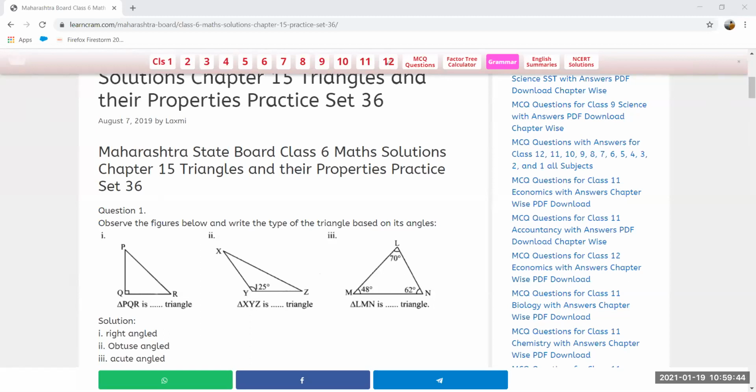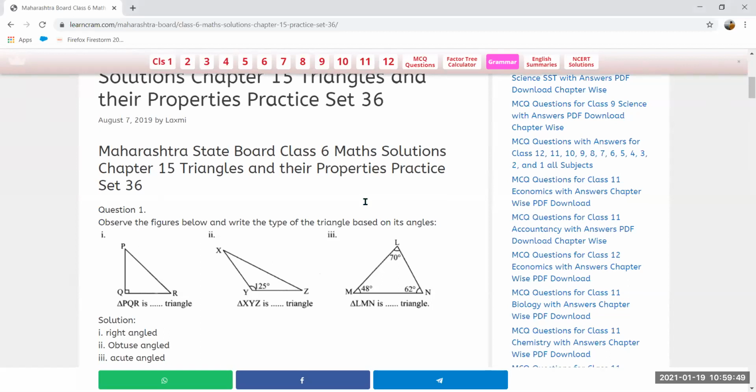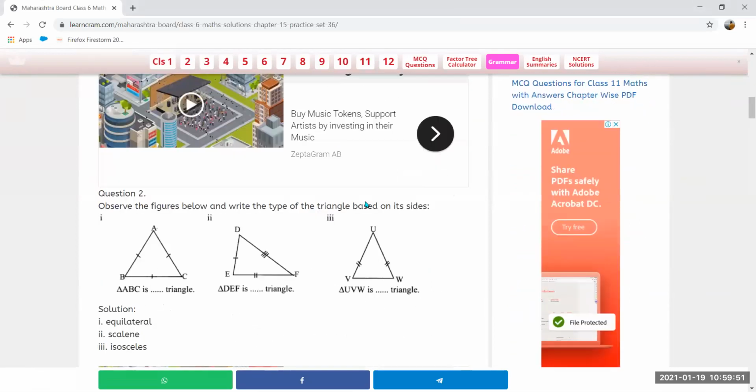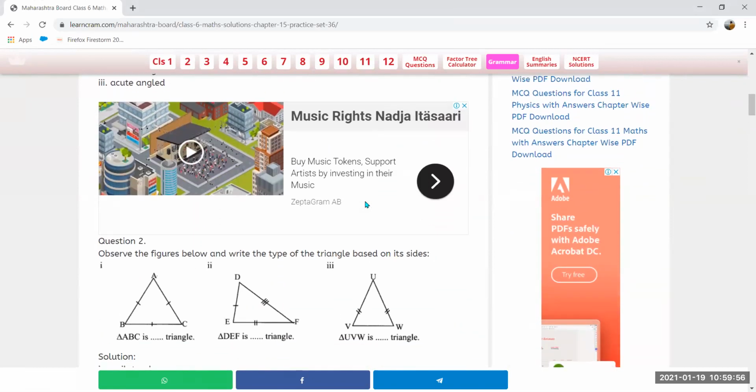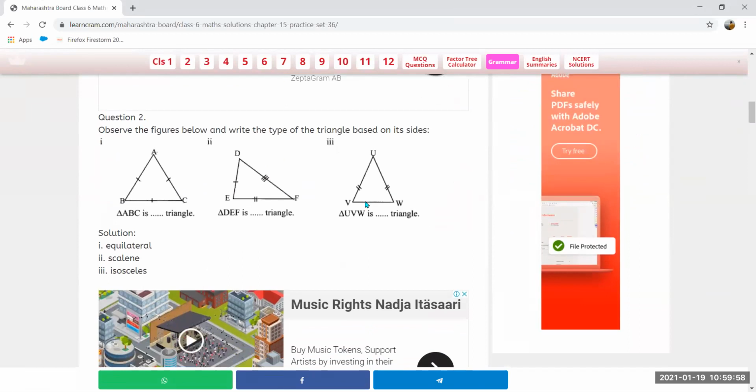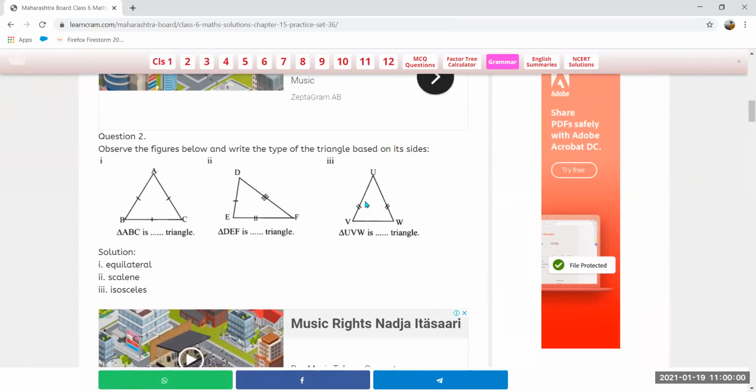Okay, now move to the second question. Question number 2 is: observe the figure below and write the type of triangle based on its sides.